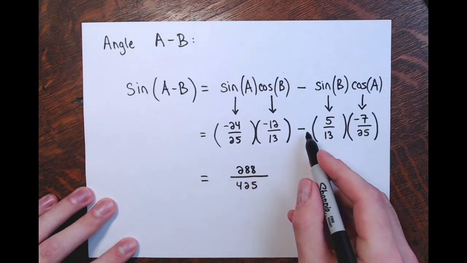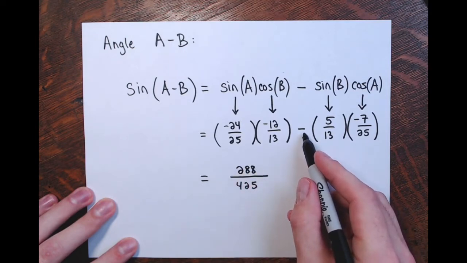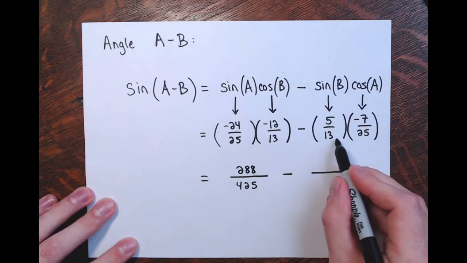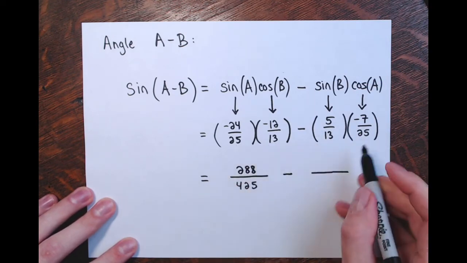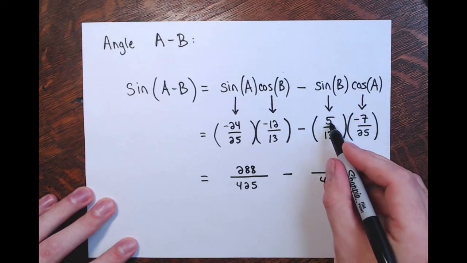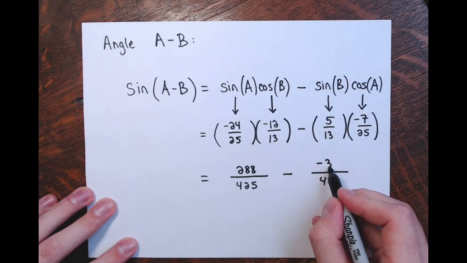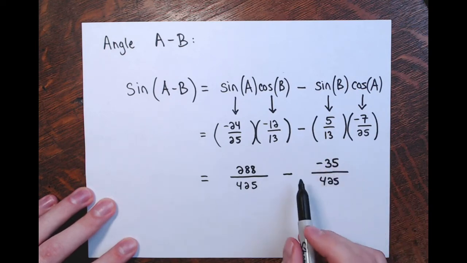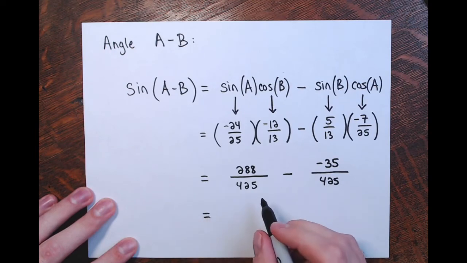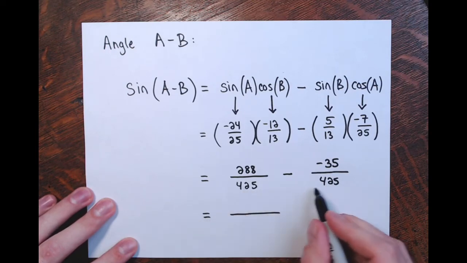Right. Now, we have minus, and then over here, this fraction. Now the denominator is the same. It's 13 times 25 again, so they're both over 425. And then 5 times negative 7 is negative 35. And what we're doing here is we're subtracting a negative, so that's adding. So they both have a denominator of 425.